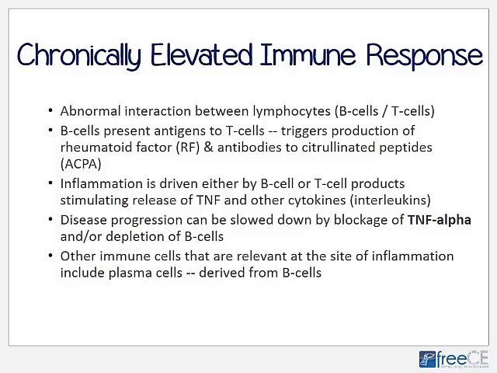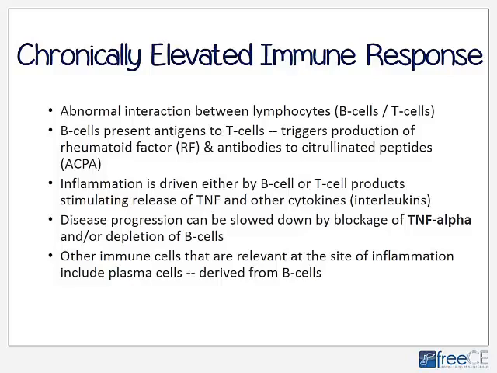Actually, it should be rheumatoid factors, plural, because there's more than just one, and antibodies to citrullinated peptides, also known as ACPAs. Inflammation is driven either by B cell or T cell products stimulating the release of TNF, or tumor necrosis factor, and other cytokines, typically the various interleukins.